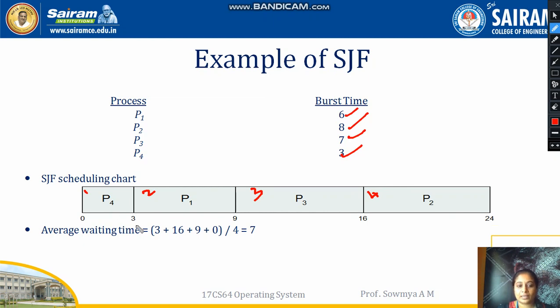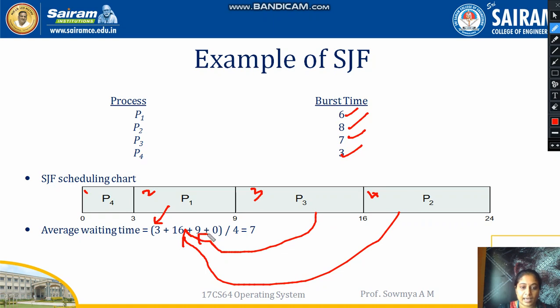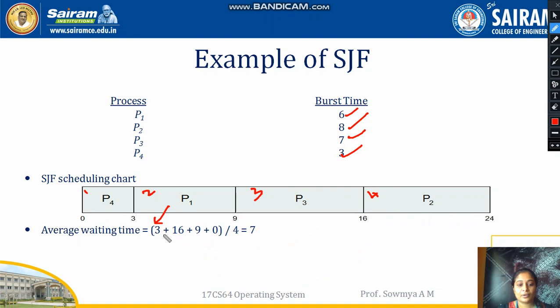So the waiting time for the P4 process was 0. Now we'll see the average waiting time of all the processes.